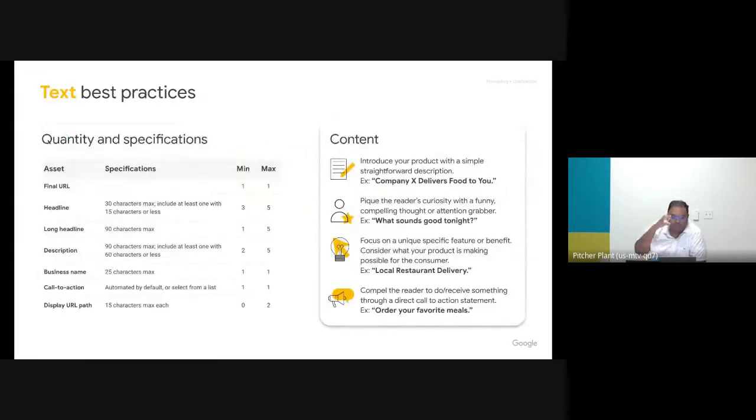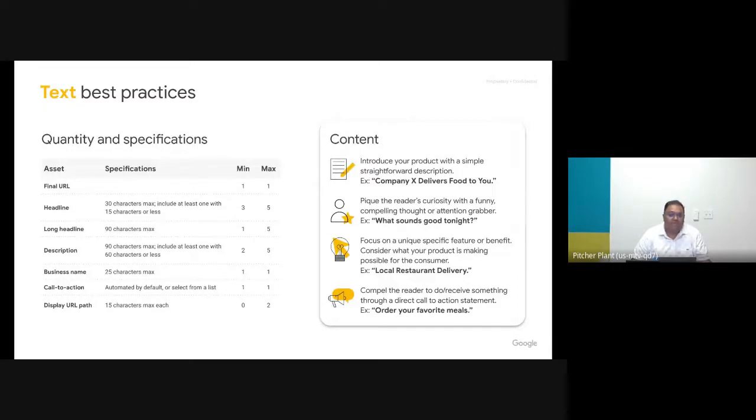So let's go through some of the best practices for each of these asset groups. When it comes to text ads, there are 4 things that you need to do to write compelling ads. Number 1, ensure that you have a clear description of the product or service. Number 2, highlight a key USP that you would like to feature for that specific target audience that they would benefit from.